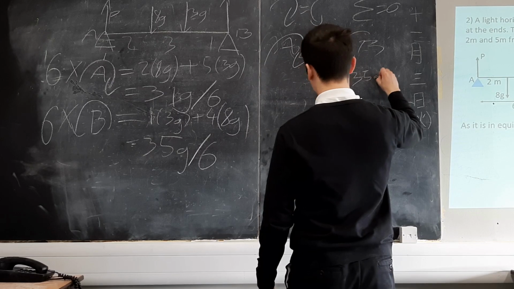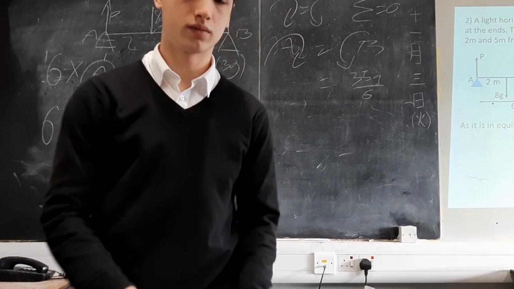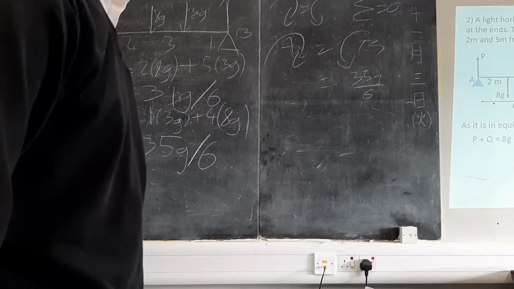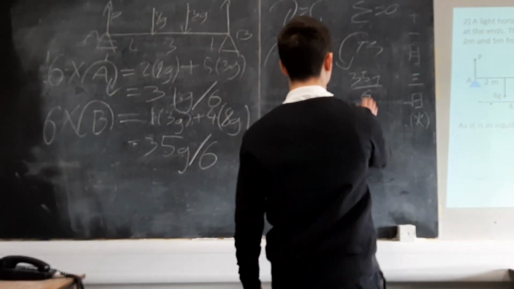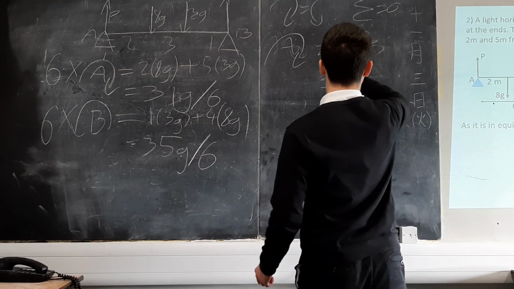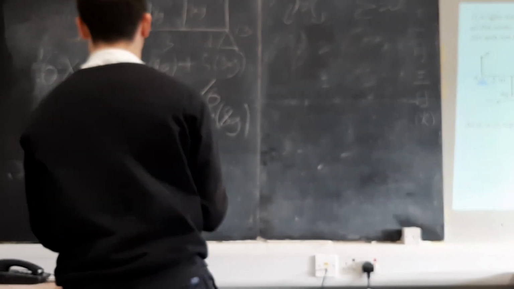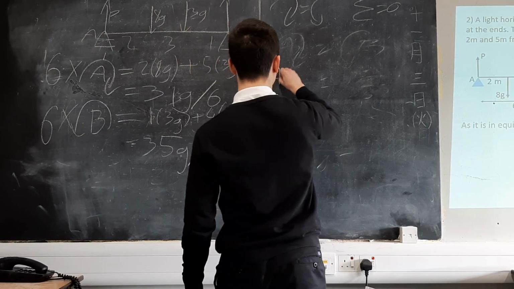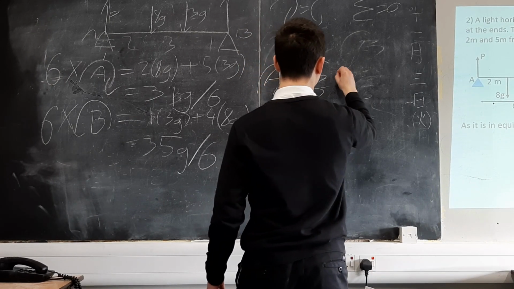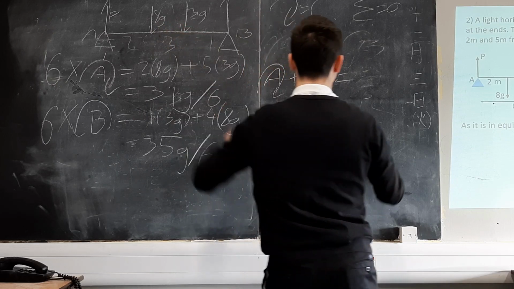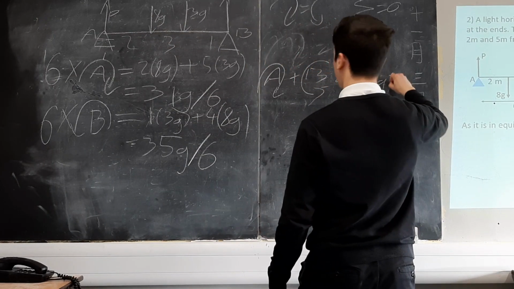30G plus... So A plus B equals, and then 8 and 3, like we've done before, not the random stuff I've been doing.